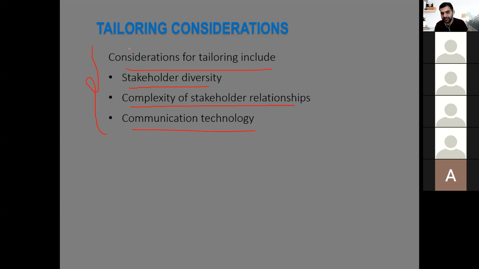So diversity has increased, and you have to think in broader terms when engaging stakeholders. Also consider the complexity of the relationships between stakeholders and between communities. And communication technology is always there to consider while tailoring the engagement.